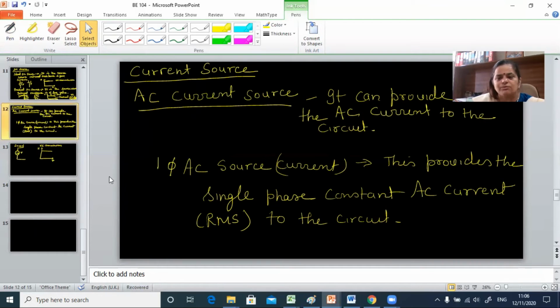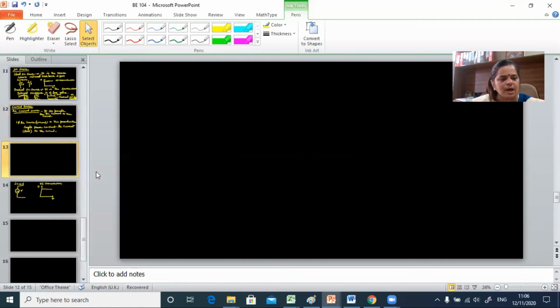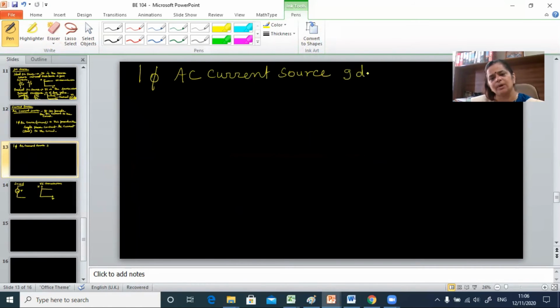Yeah. So we were discussing the single phase AC source. Now, the single phase AC source can be of two types. One is the single phase AC current source ideal type, and the second one is the single phase AC current source practical type.